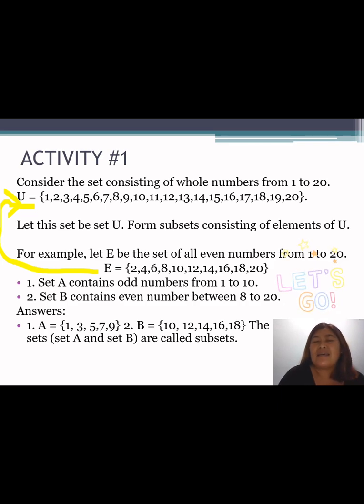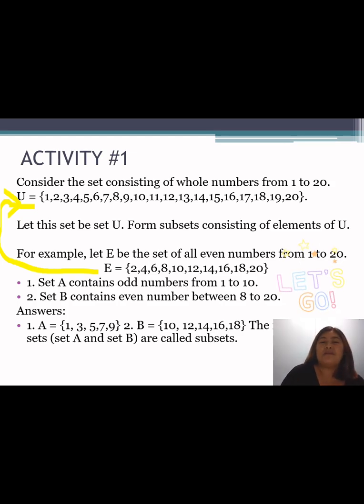Why do you think 11 is not included in set A, even if it is an odd number? Because according to our rule, set A contains odd numbers from 1 to 10 only. So again, set A is another subset of universal set U.